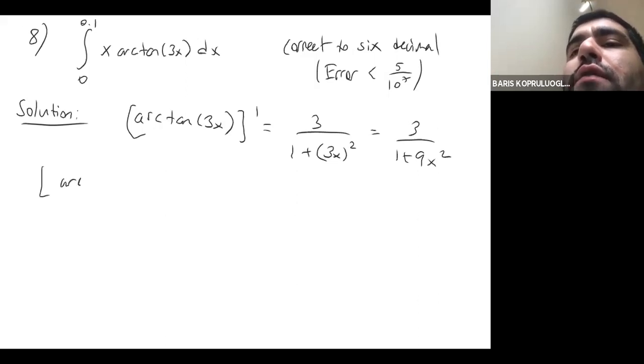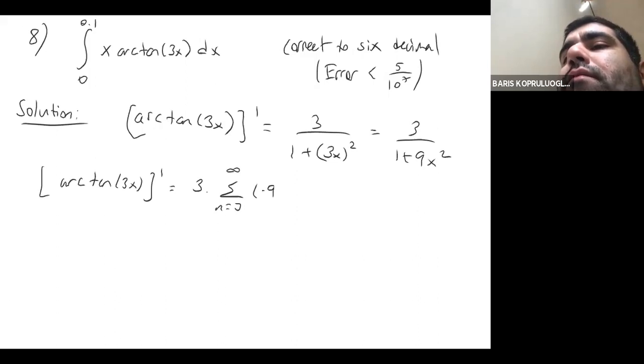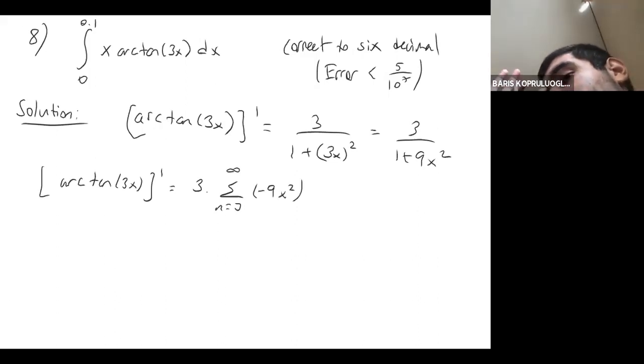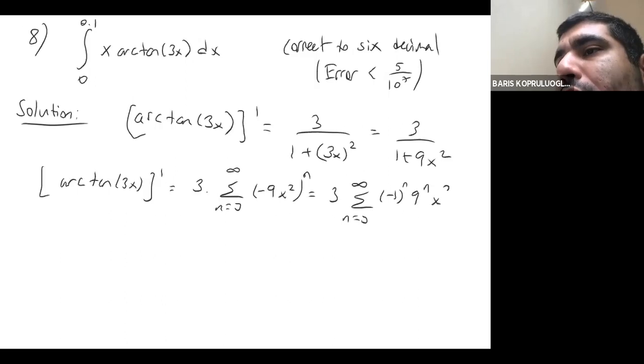So this is 3 times 1 over 1 minus negative 9x squared, so it will be negative 9x squared, which is, if we keep going, we'll have an alternating series, negative 1 to the power of n, 9 to the power of n times x to the power of 2n.